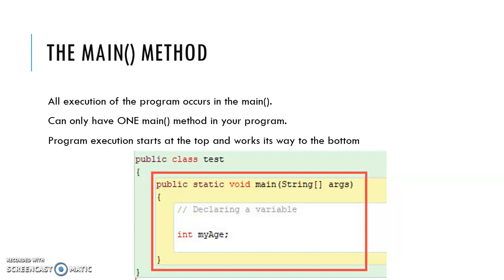It's important to understand the execution path of a Java program. A program's execution starts at the top of the main, and it works its way down line by line until it gets to the bottom of the main. There are times, however, when the program will alter its course from top to bottom, for instance, in the case of calling a method. Let's say we're working from top to bottom through the main method, and then we come to a call to one of these other methods that's just lying dormant.